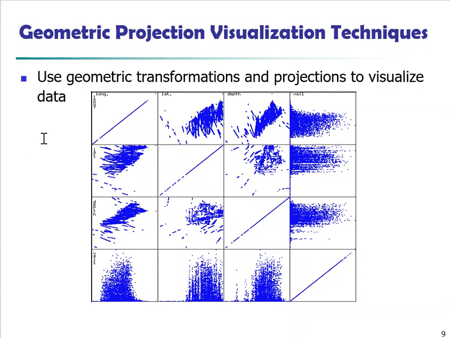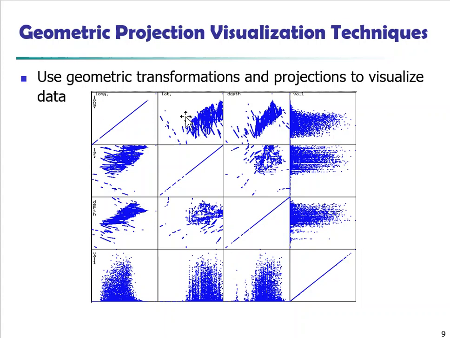In this example, we have a matrix of scatter plots, where we can see the same set of variables on the columns and also on the rows.